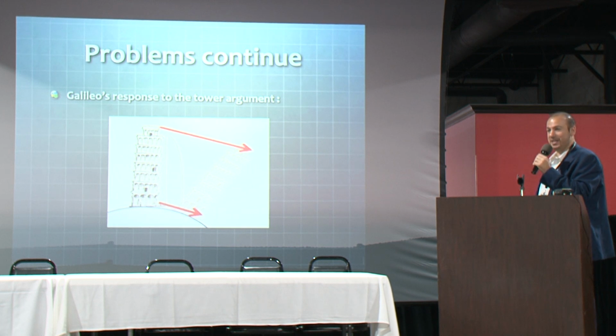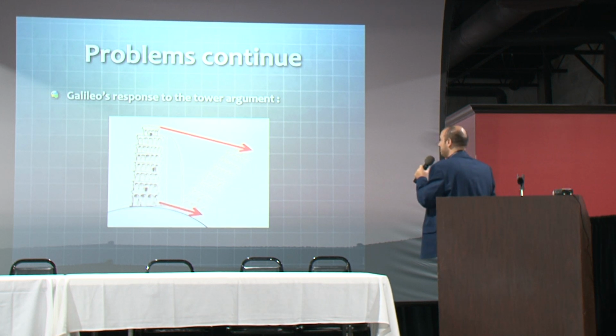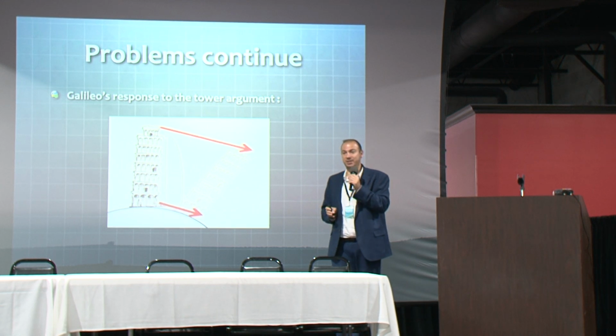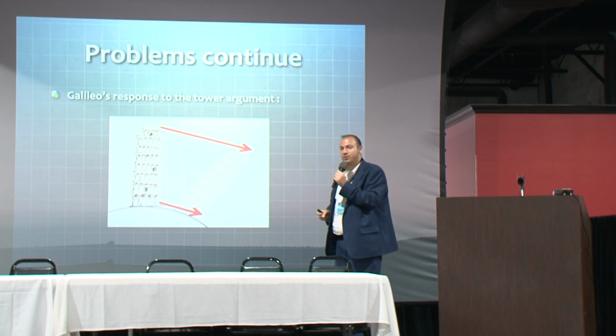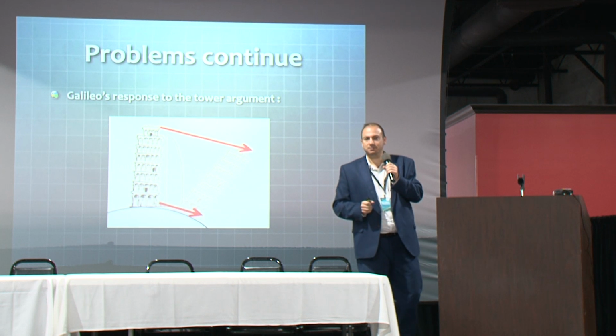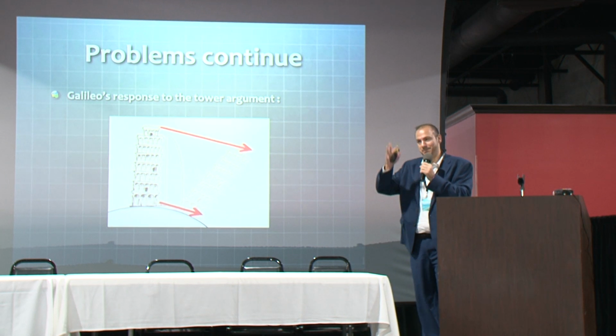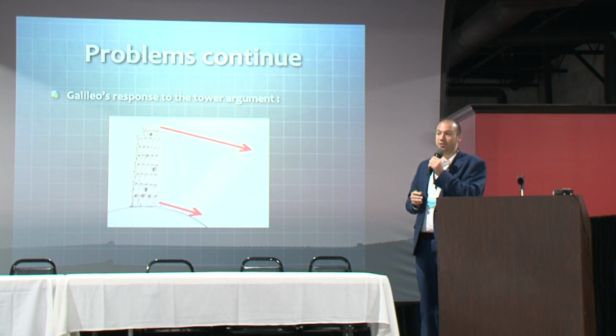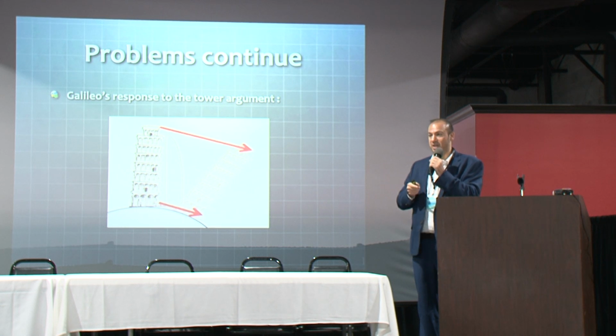So I'm going to give you an example from science that will illustrate that senses can actually be fallible. I'm not sure if you're familiar with the tower argument. Back in the day, Aristotle, thousands of years ago, argued against the theory that the Earth moves. We know that the Earth moves around its axis.